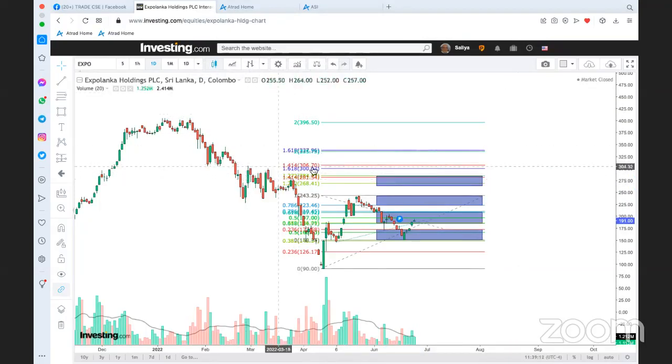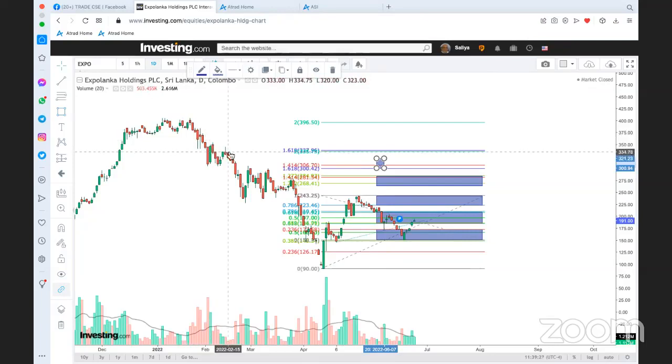Then again, here you have this level 300, which is an important level psychologically. So you take that and then you go move to the next level. That is over here. You can take this or you can take this. I will go with the body.